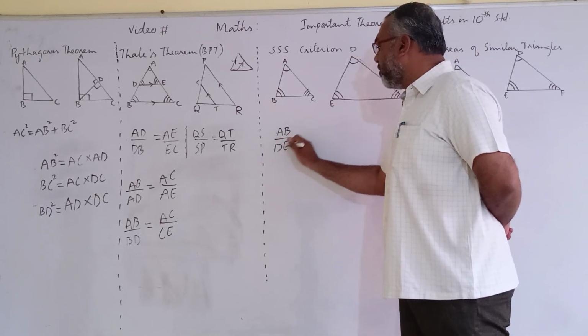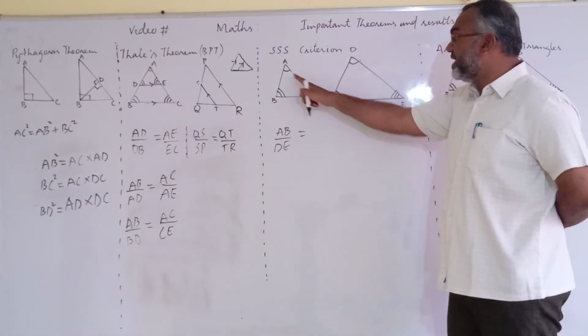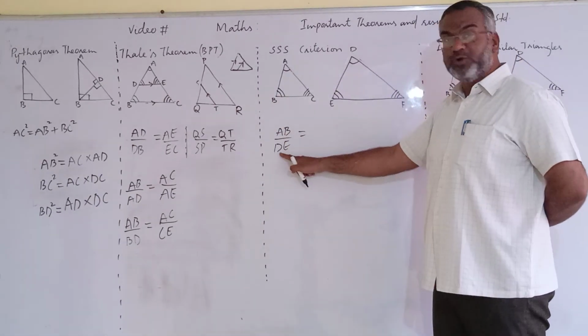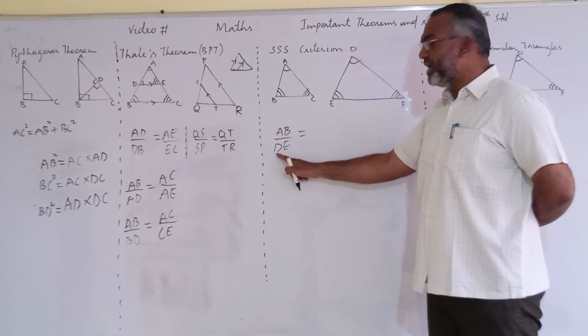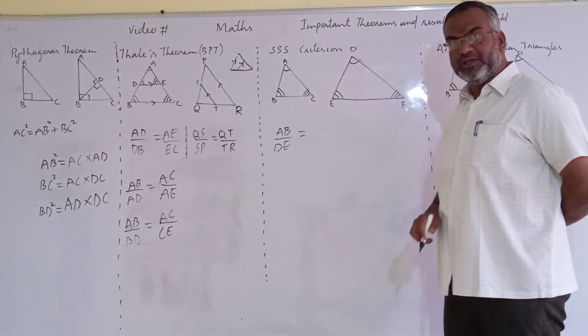Now the question comes, why DE? Because AB is corresponding to DE. Angle A is equal to D, see, in place of A, D is coming. B is equal to E, so B and E are corresponding.